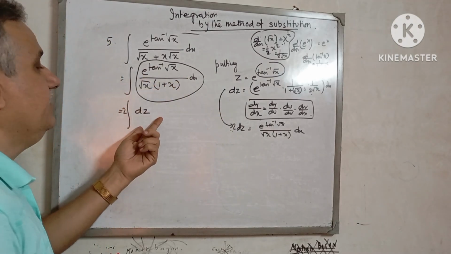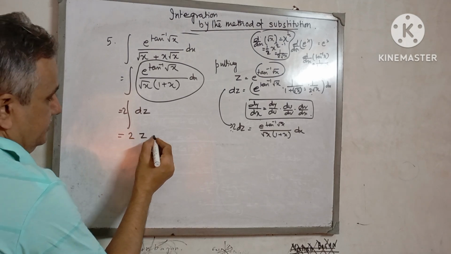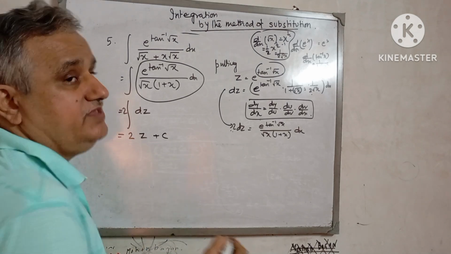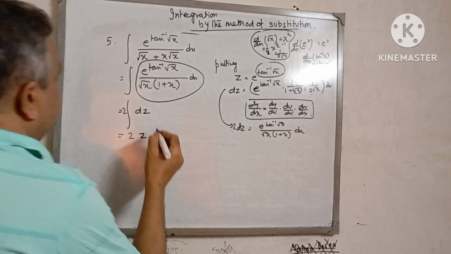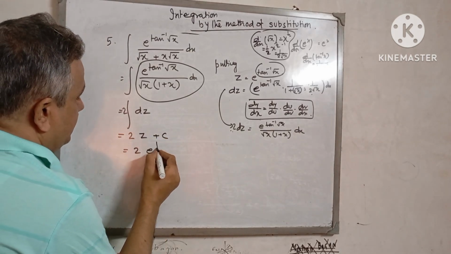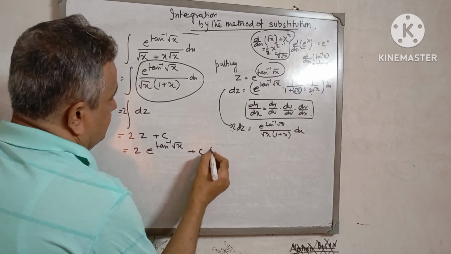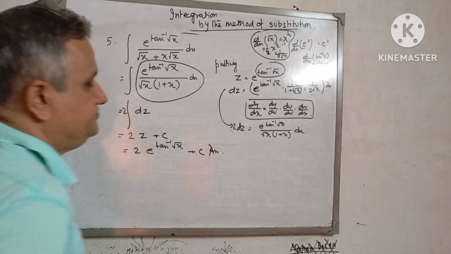Just transform this value here. So integration of dz is z only, integration of dx is x only. Now substitute the value. z is e to the power tan inverse root x, plus c is your answer.